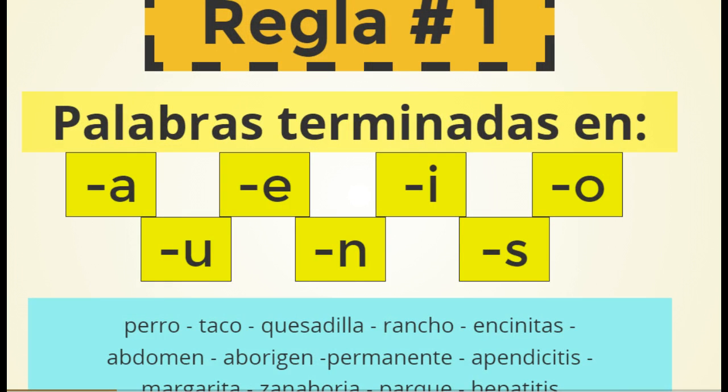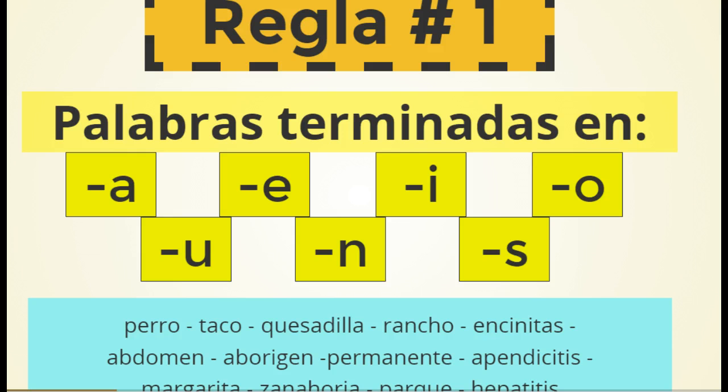Regla número uno. En la regla número uno, everything that ends in a, e, i, o, u, n, or s, all those words are in la regla número uno.